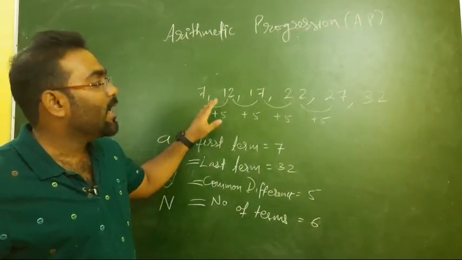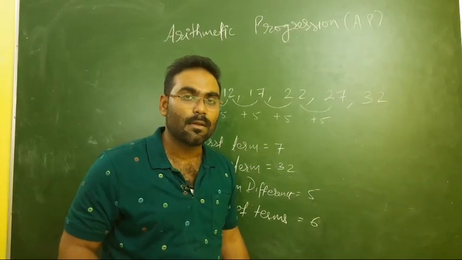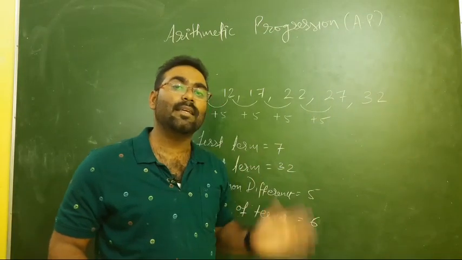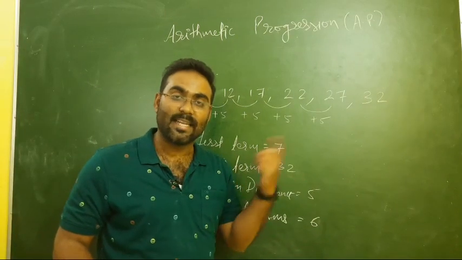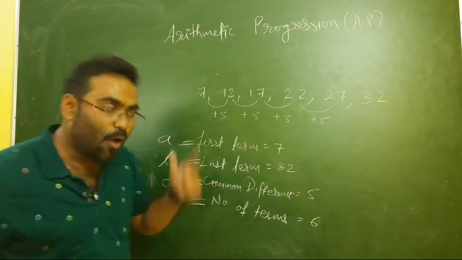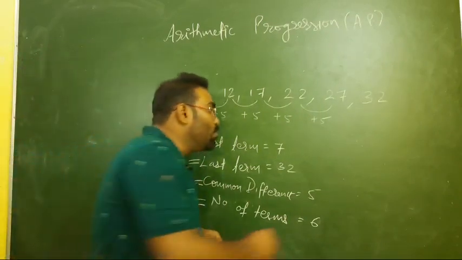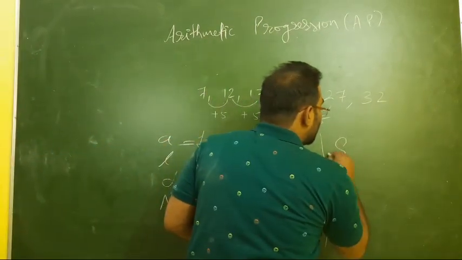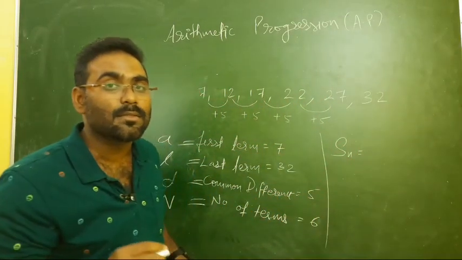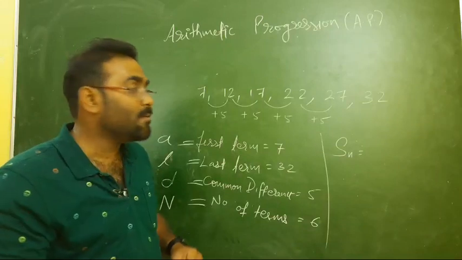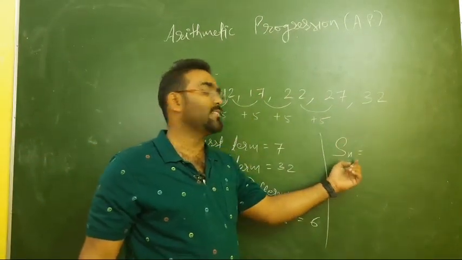But had it been not 7 but 70 terms, would it be as easy? No, it would have been more difficult. So that is why we now come to a formula, the formula to find the sum of n terms. And by n, I mean that if there are 6 terms, we write 6 here.